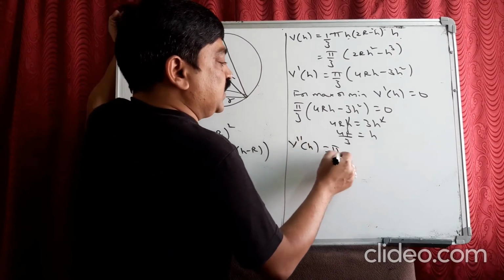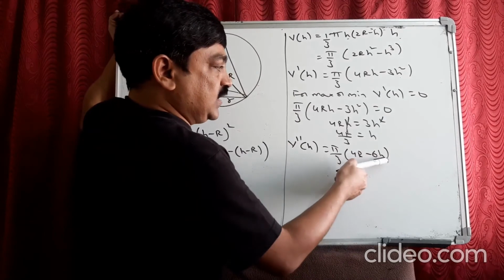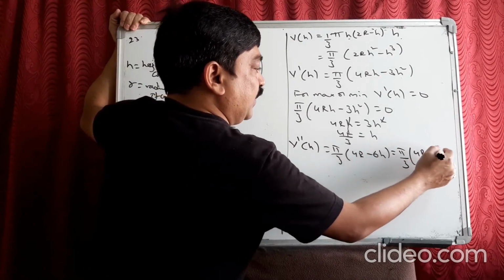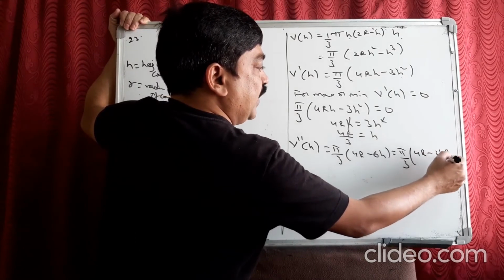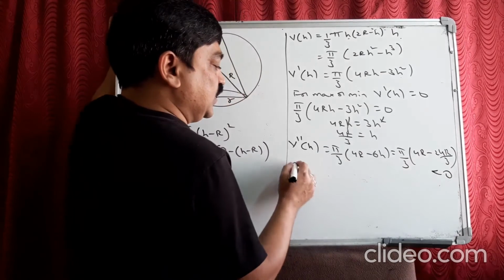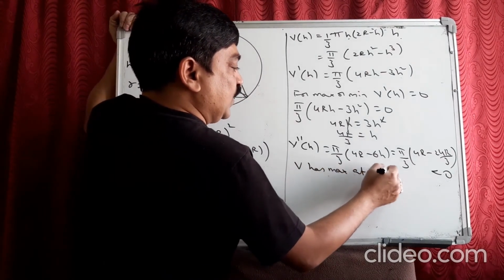V double dash of h is pi by 3 of 4R minus 6h. Let us substitute h as 4R by 3: 4R minus 24R by 3, which is 4R minus 8R, it is negative. So V has a maximum at h equal to 4R by 3.